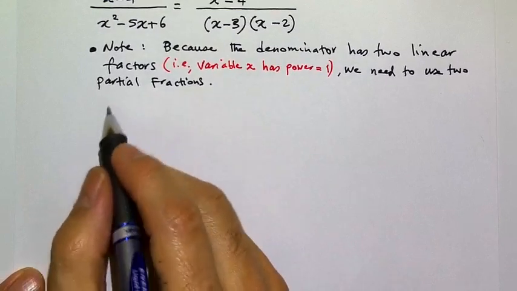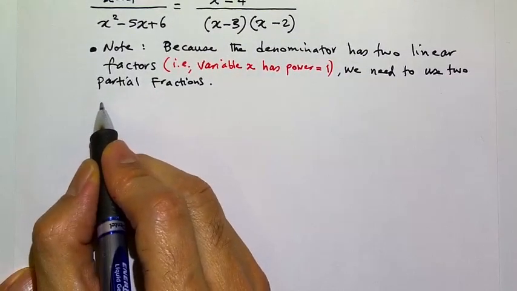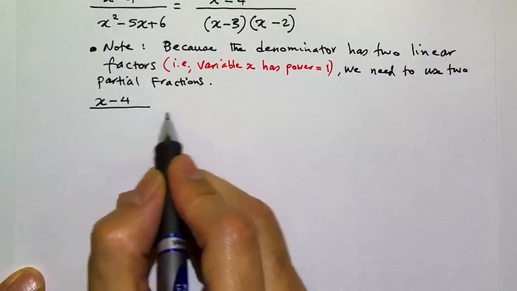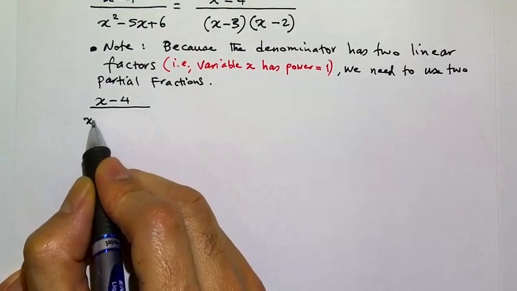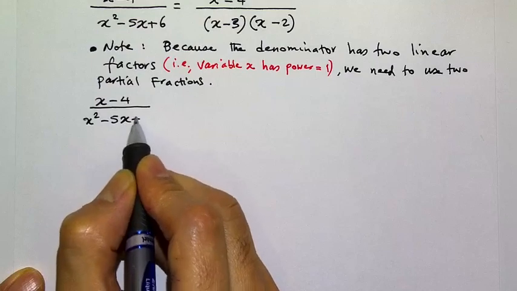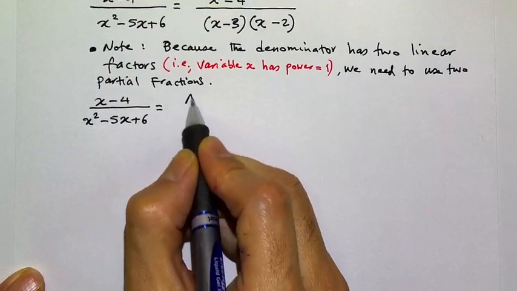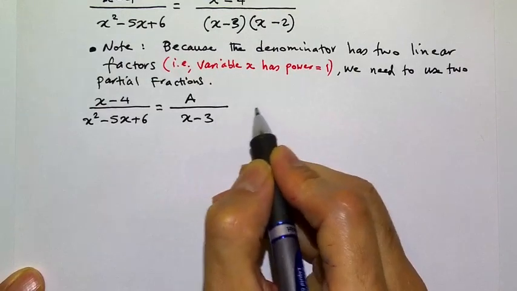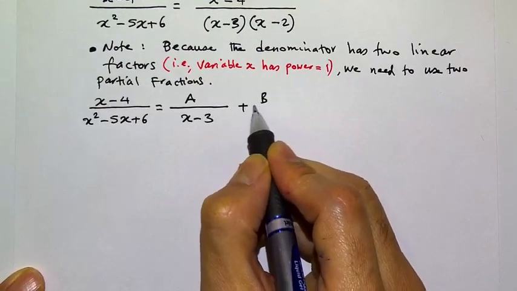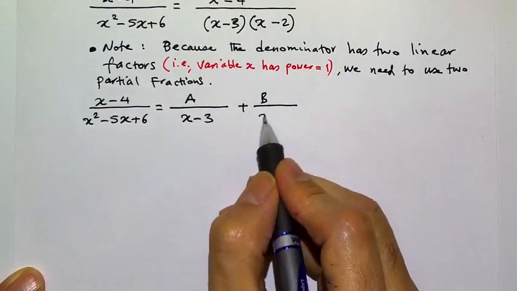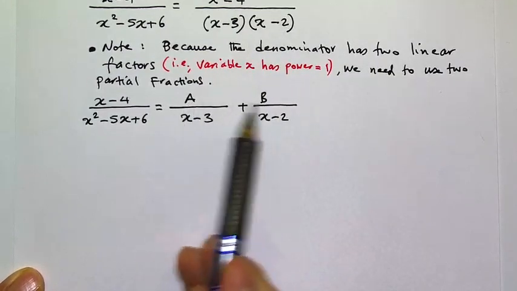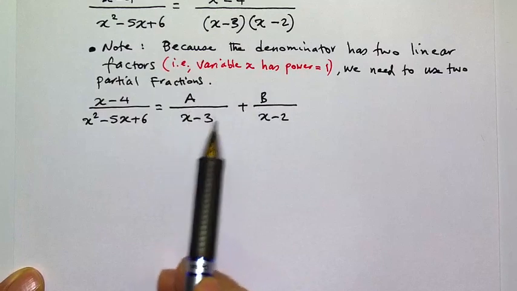And let us do that here. We have (x − 4) over all of that, equals A over (x − 3) plus B over (x − 2). You notice what happened? So A and B are to be determined.